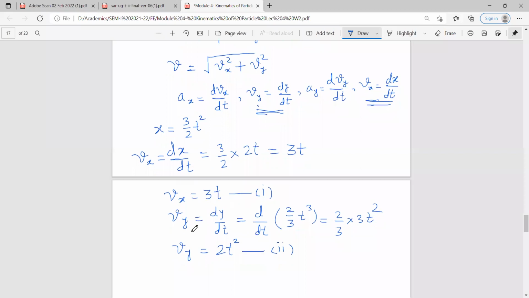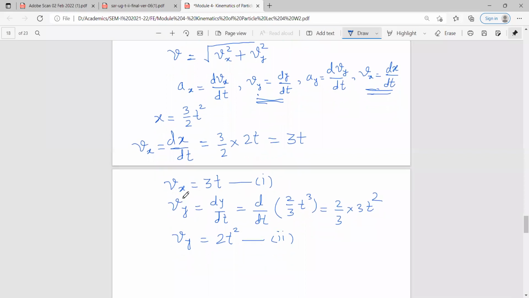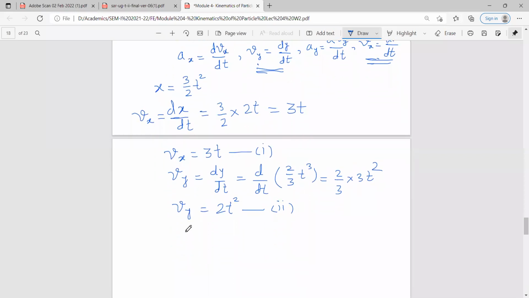Next, we have to calculate the acceleration. So acceleration in x direction is nothing but the rate of change of velocity in x direction with time. So d by dt of the velocity in x direction, which is 3t from equation 1.